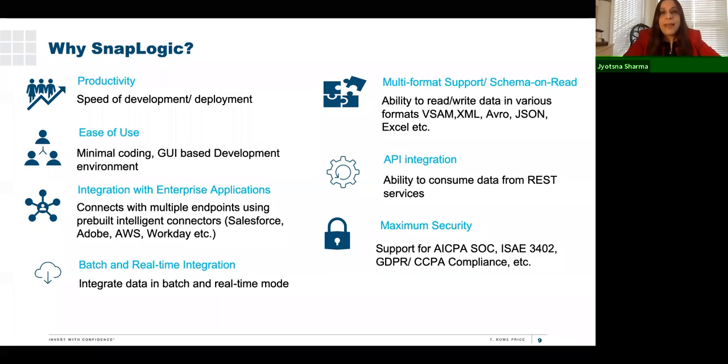And then the support for multi-format and schema on read. Very critical, with the proliferation of data sources and data formats, the ability of the platform to ingest data in its native format.